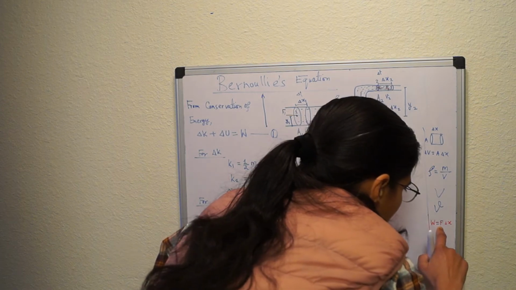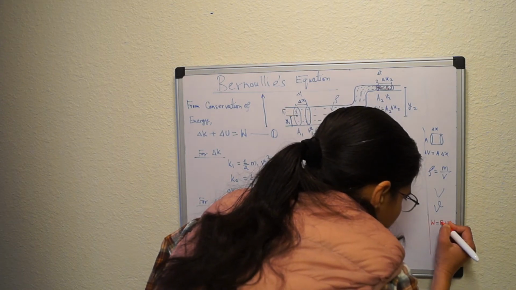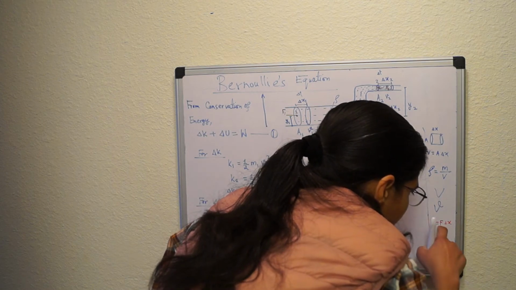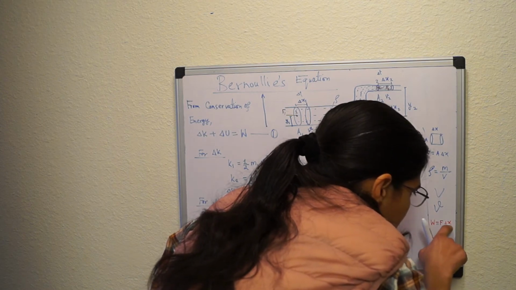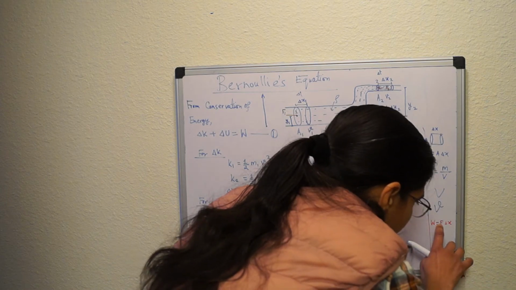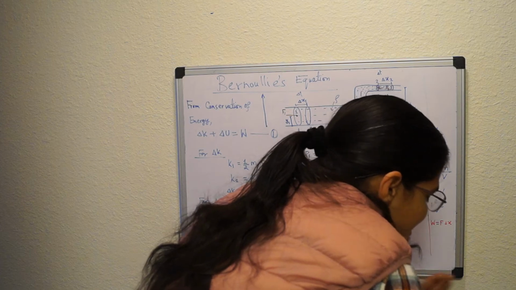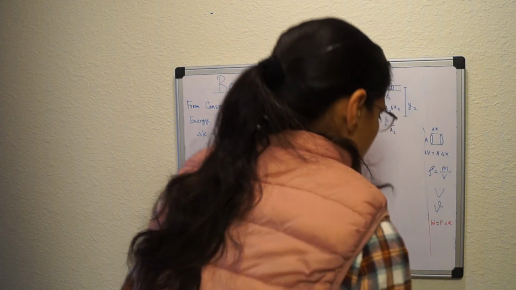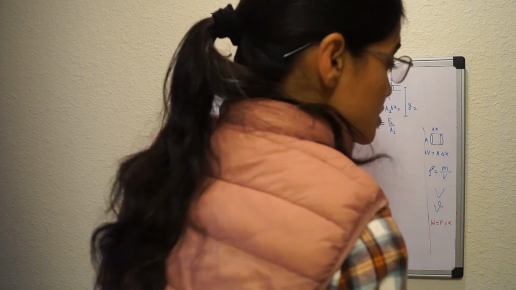Now this will have a negative sign if the direction of application of force and the change in displacement are in opposite directions. But if they are in the same direction, force and the change in displacement, then we will have a positive sign, right? So work done is just F times delta x.